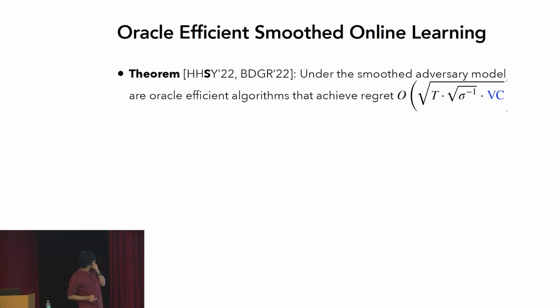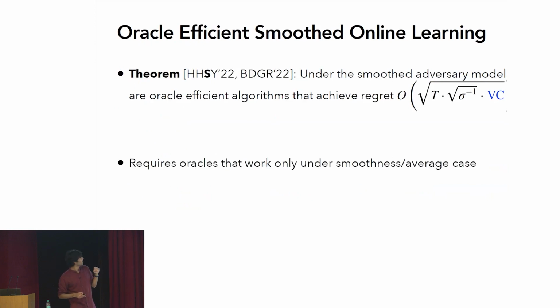Recalling the result, you can get sublinear regret with dependence on the VC dimension in the oracle-efficient model. And you have some nice properties, which is that the oracle needs to only work on smooth or average-case instances.